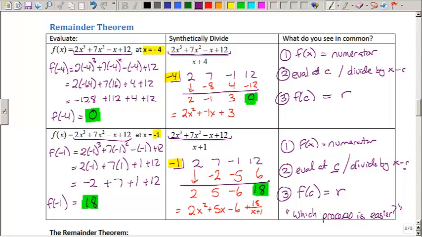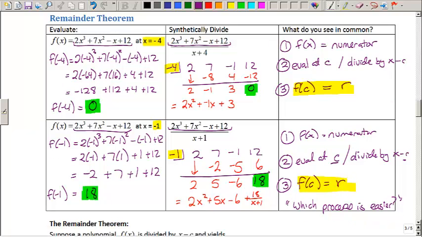Well, we have just explored a little bit about the remainder theorem, but let's actually define it. The remainder theorem really is identifying that f of c turns out to be the remainder as long as you're dividing by the same constant c.